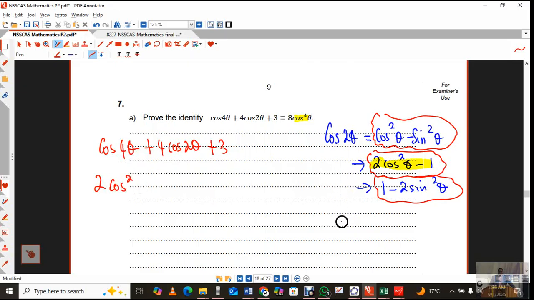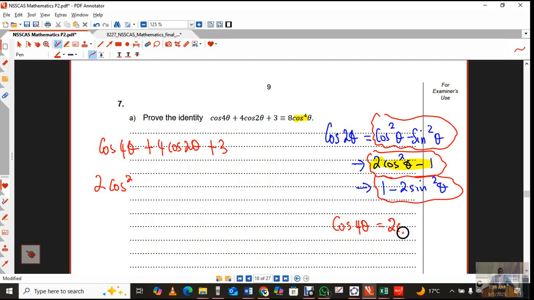Okay, maybe I should write it here. Let's just expand on what we have over here, right? So what if we have cos of 4 theta? It will be exactly the same as the other one.